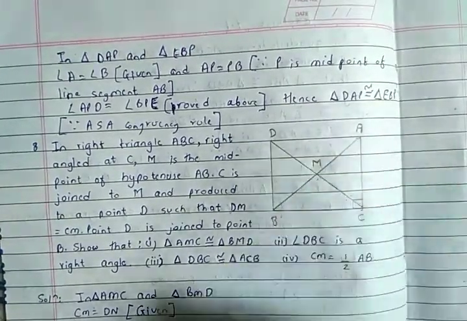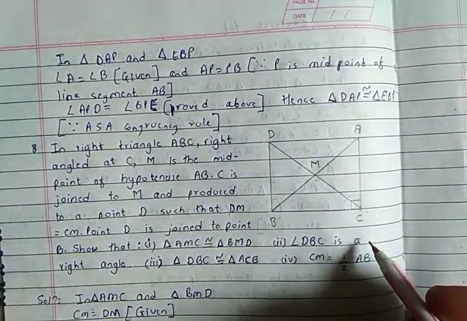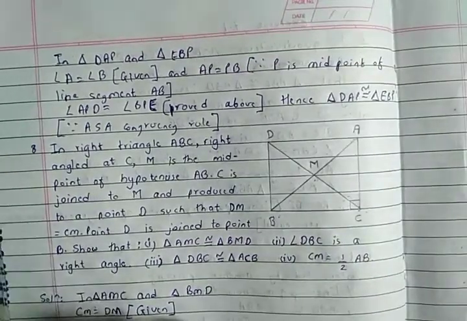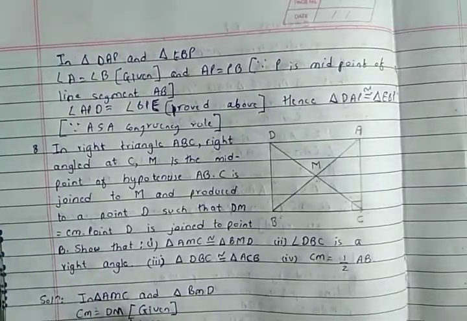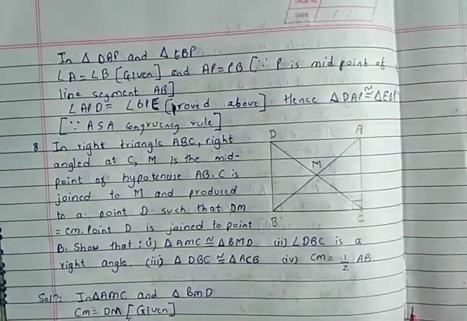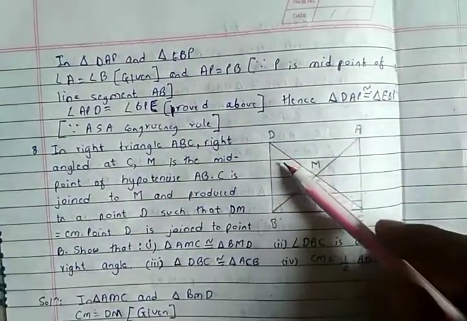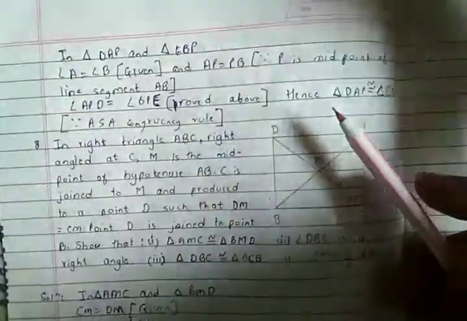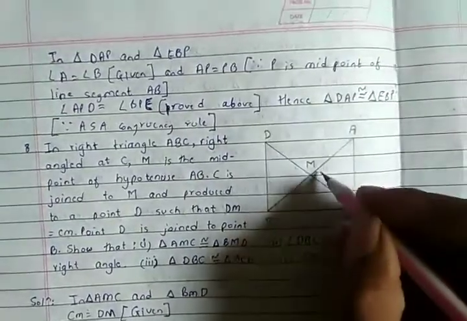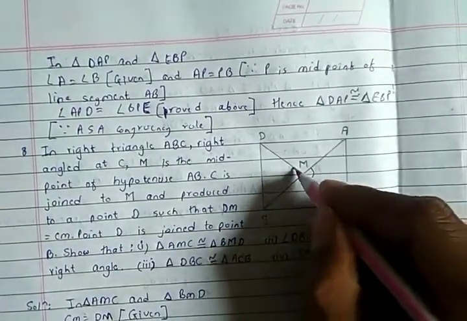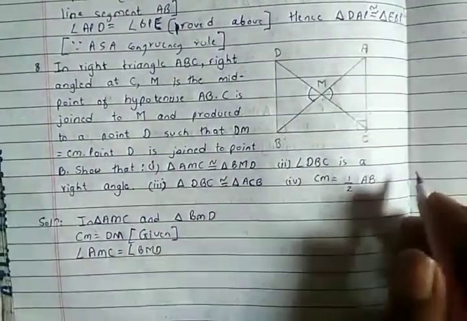This is given. Okay. Second thing will come, angle AMC is equal to angle BMD. How you can say that they both are equal? Because of vertically opposite angles, right? So we will write it down.